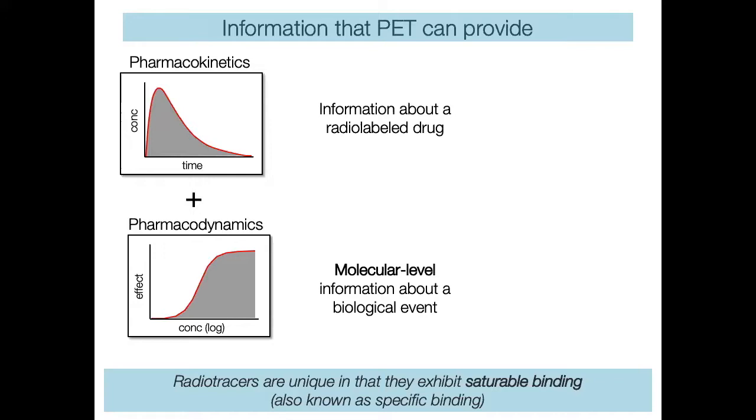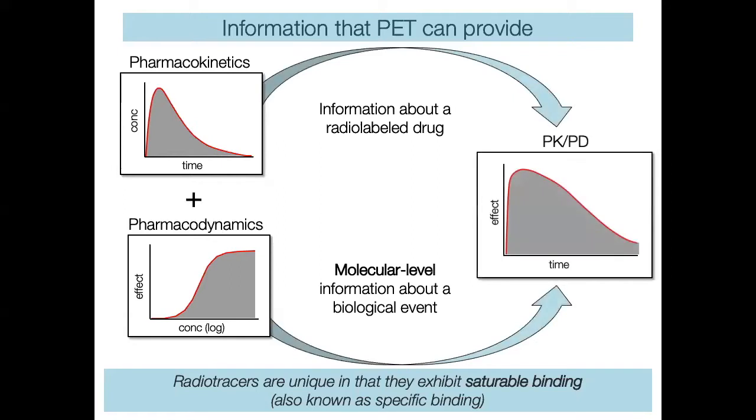And we really get both of these combined, because a typical curve in PET imaging looks something like this, where you get a mixture of your pharmacokinetics from the injection of the tracer, but you also get information about how that tracer interacts with biological events in the body.